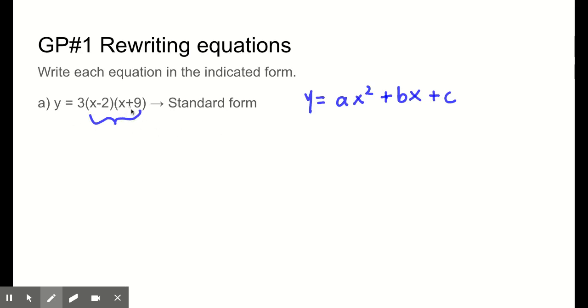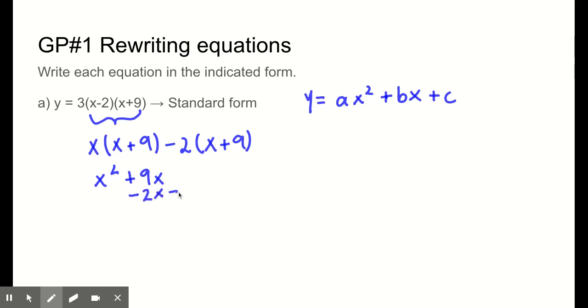First thing we're going to do is double distribute our binomials. So we're going to do x times x plus 9 minus 2 times x plus 9. So we distribute the x. So that's x squared plus 9x. Then we distribute the -2, giving us -2x minus 18. Combine your like terms.